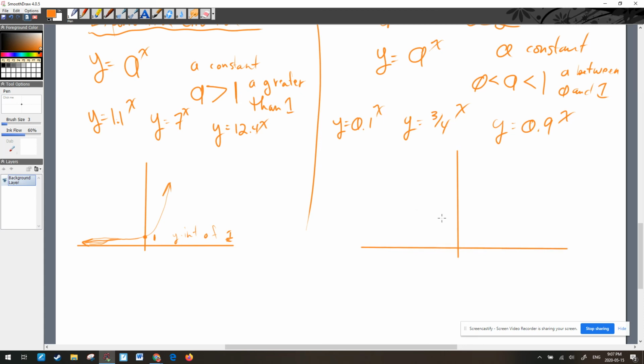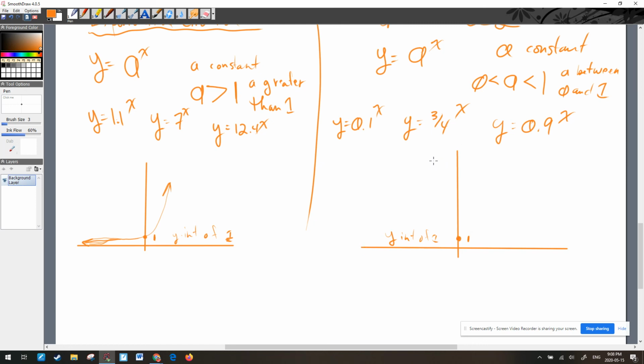They're also, interestingly, all going to have a y-intercept of 1. So I'm going to write that right over here maybe. A y-intercept of 1. Now, again, that's for this case. There are going to be weird ones. But this time, instead of it getting big on the right and small on the left, it is backwards.